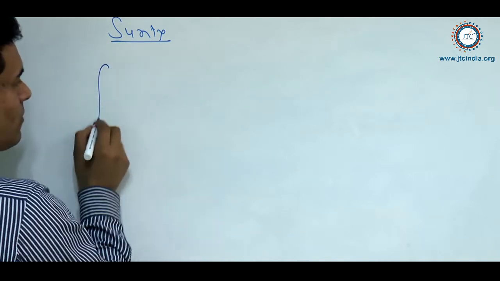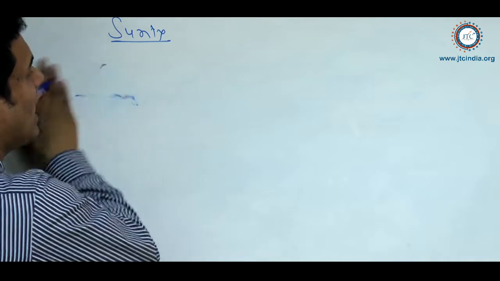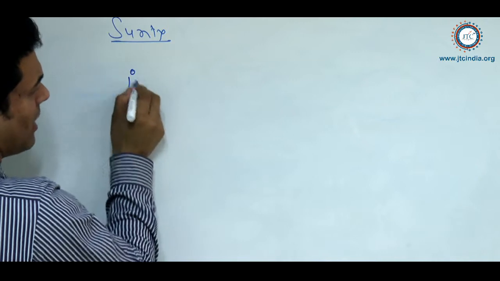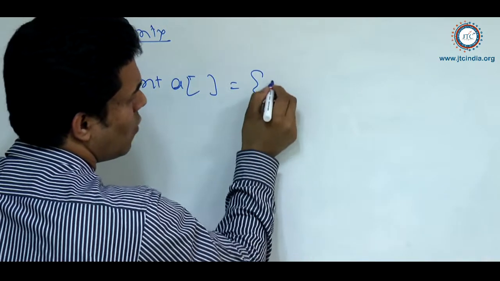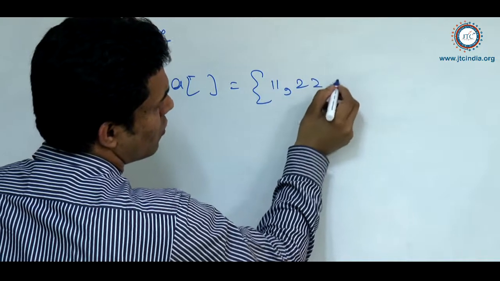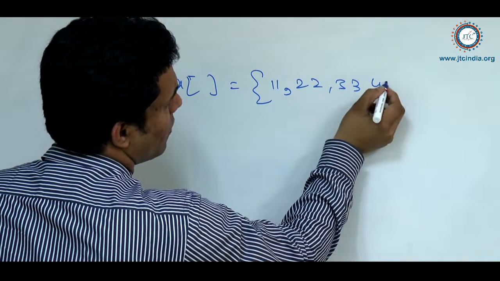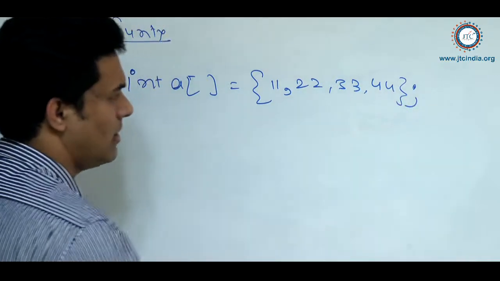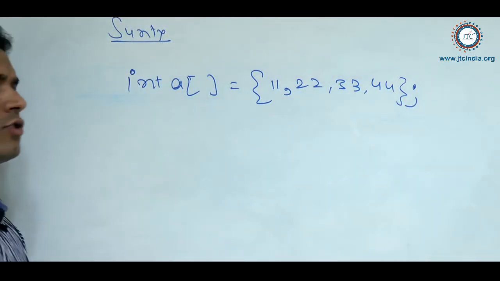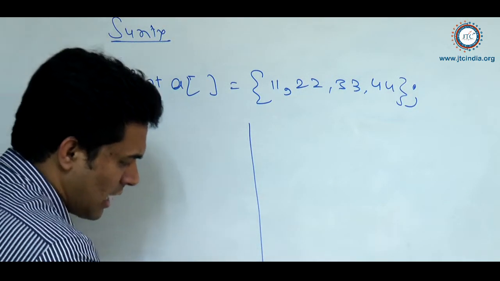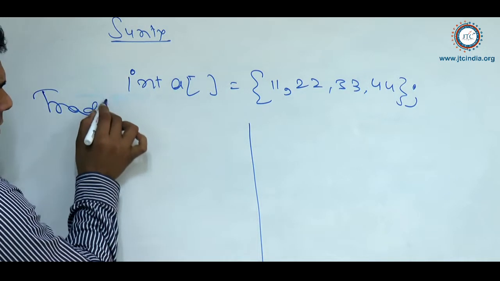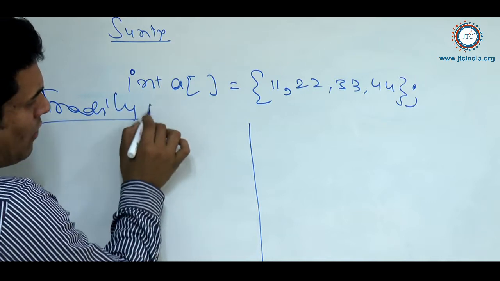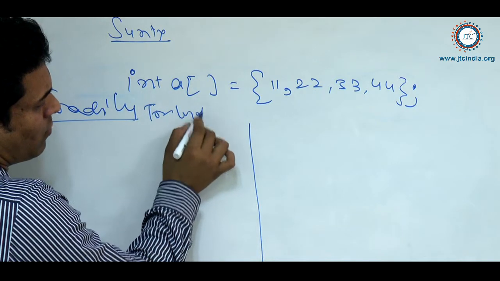First, suppose I write one array, int a, with elements 1, 2, 3, and 4. This is one array. Now I'll be showing you two things. Number one is the traditional for loop.